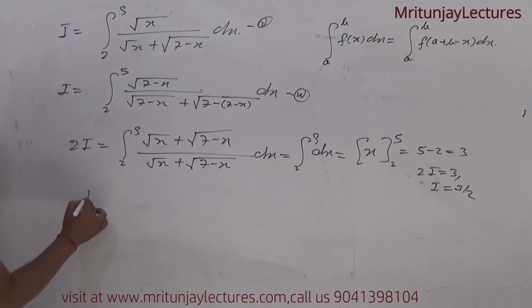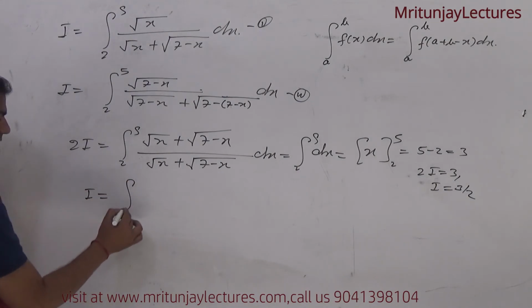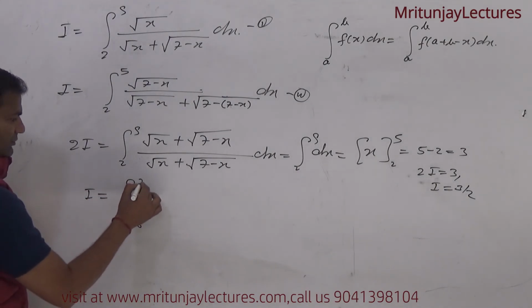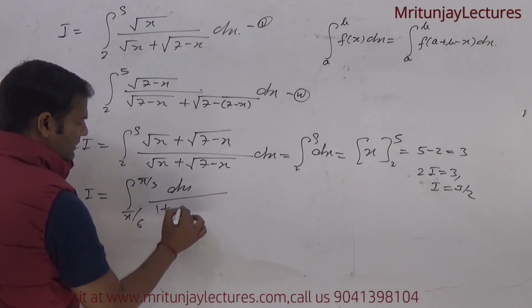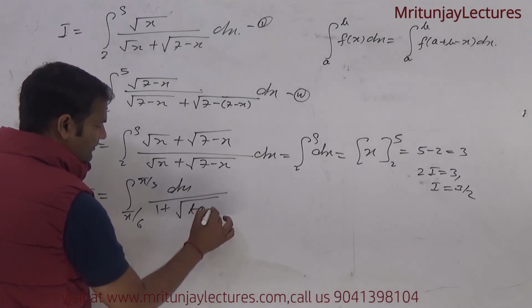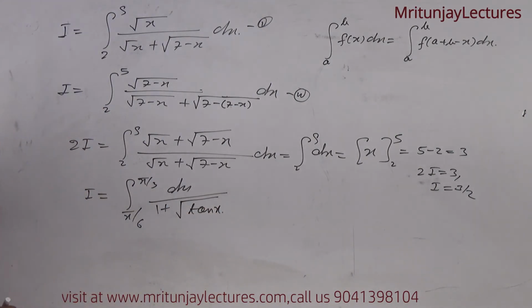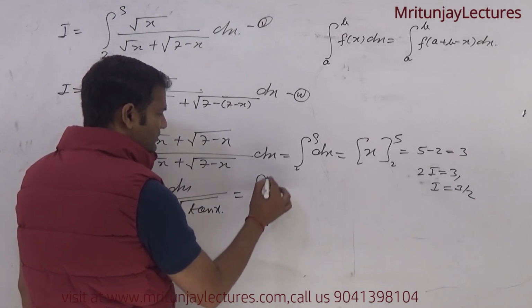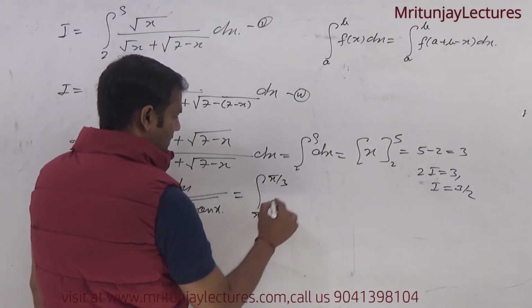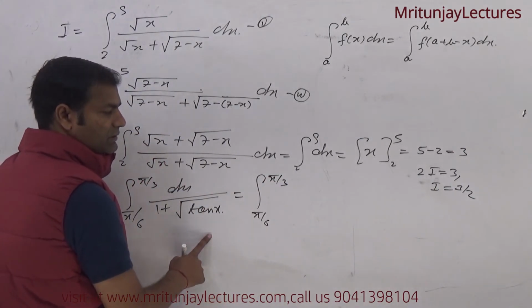Okay, now the last one: the integration from pi/6 to pi/3 of dx divided by 1 plus root of tan x. Now this one is also written from pi/6 to pi/3.